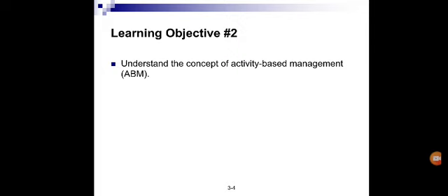Activity-based management is a management practice that focuses on activities. So ABM, or activity-based management, is a bigger thing. ABC is a subset of ABM. ABC is only related to costings. So ABM is a bigger thing.